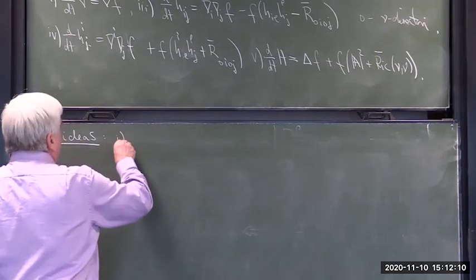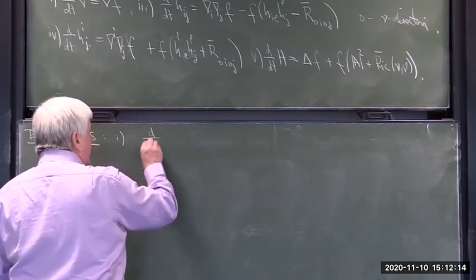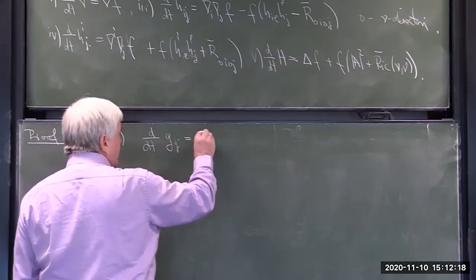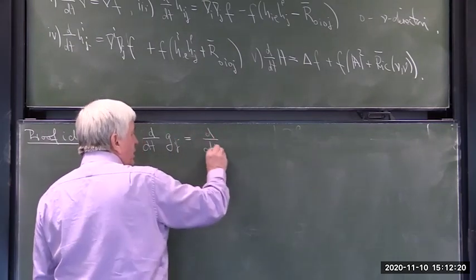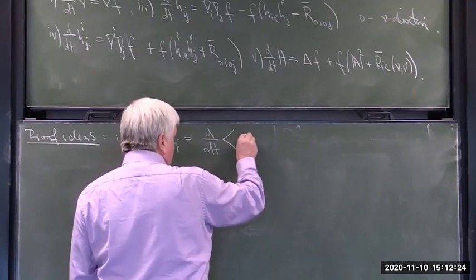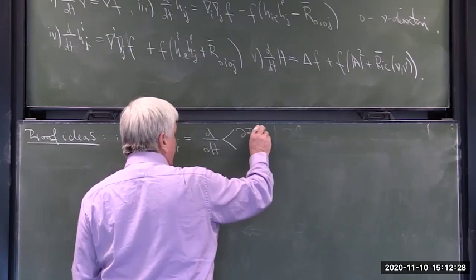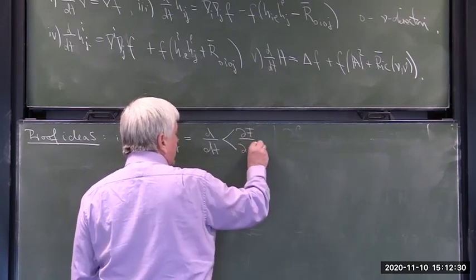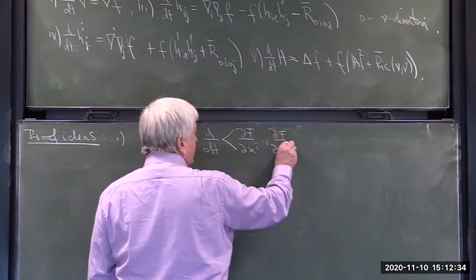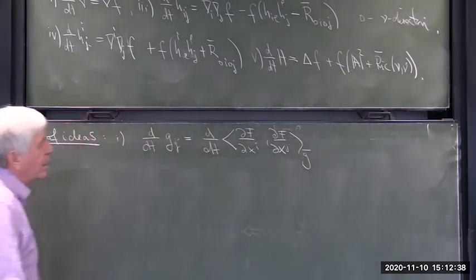Well, to prove one, you do d/dt of g_ij is equal to d/dt of the inner product of the tangent vectors, df/dx^i, df/dx^j, with respect to g-bar.